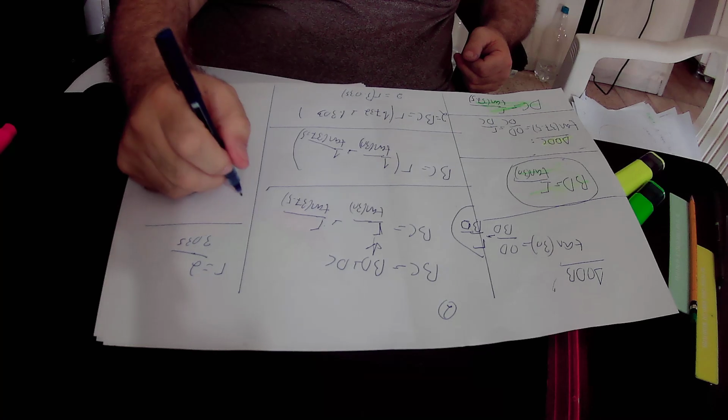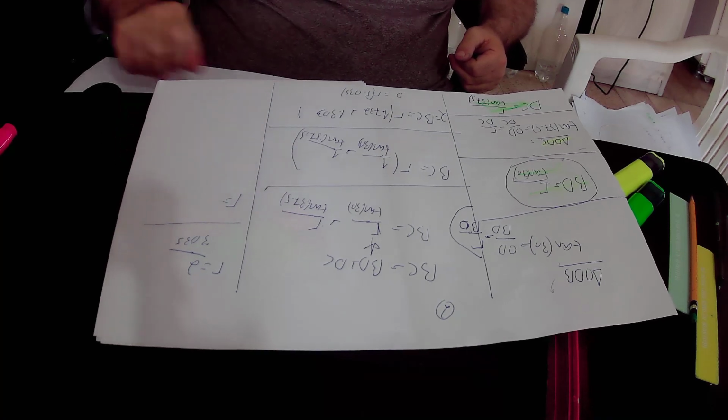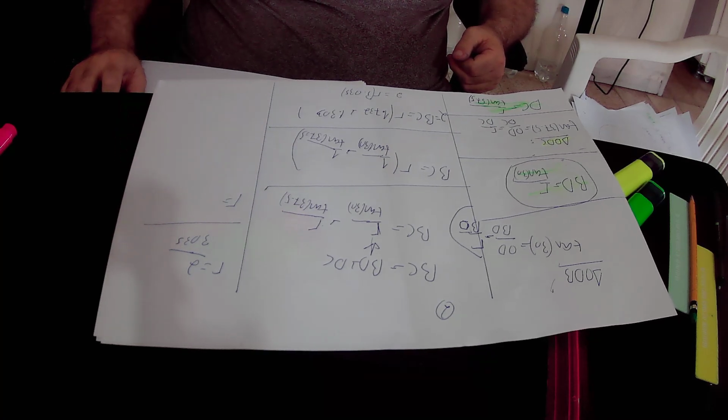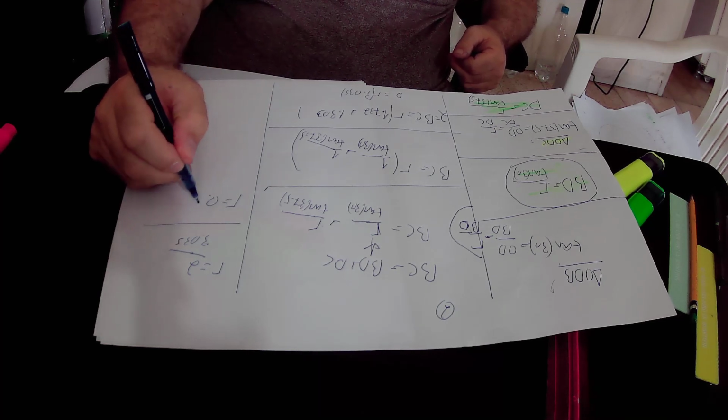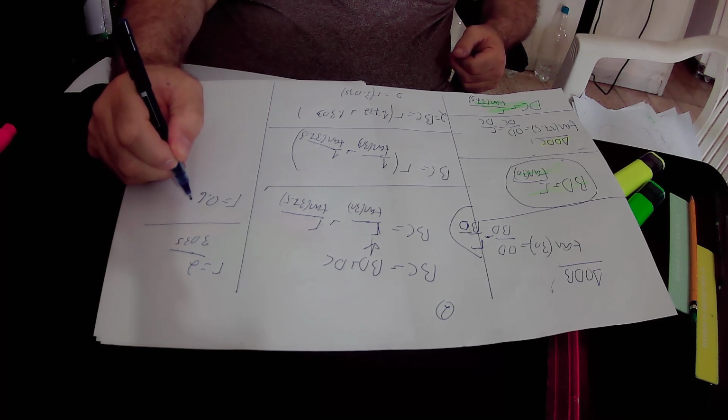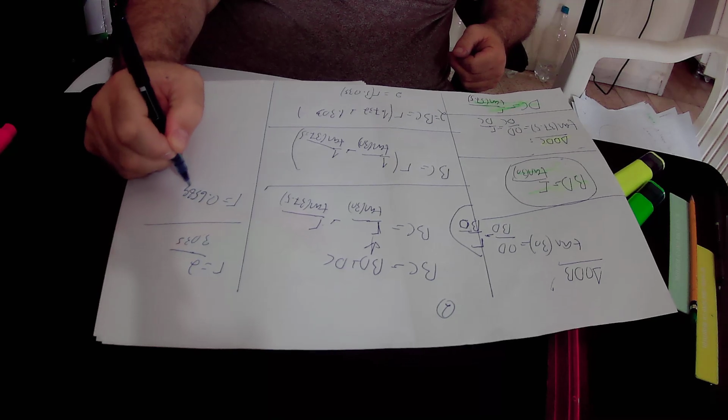So we found out that R equals 0.6589 units.